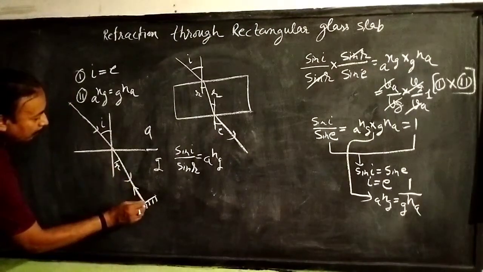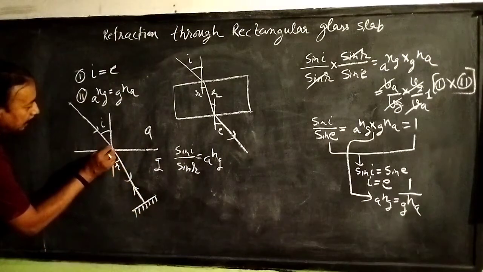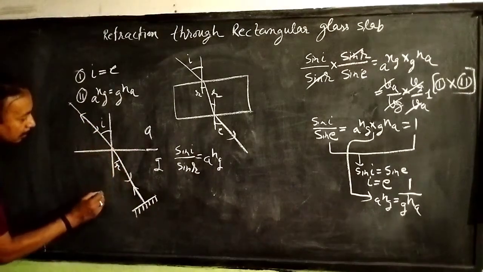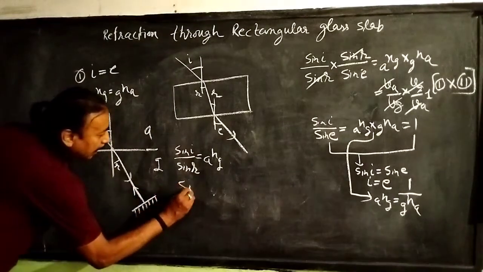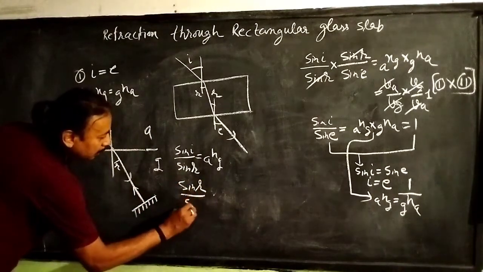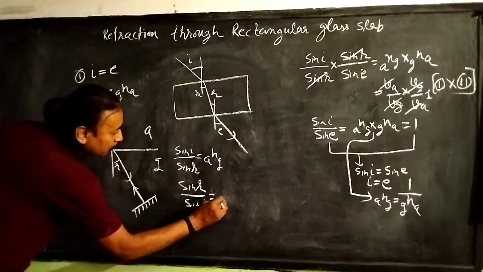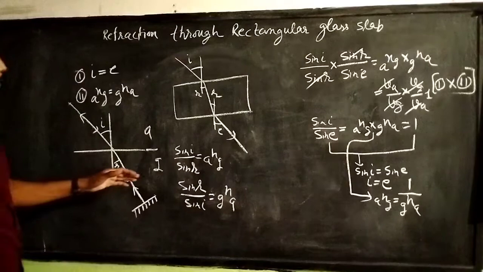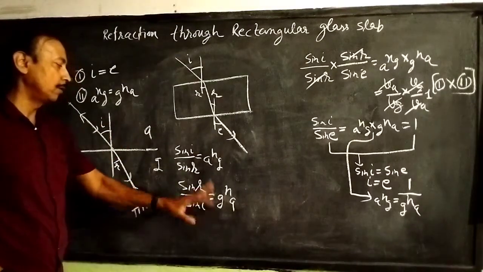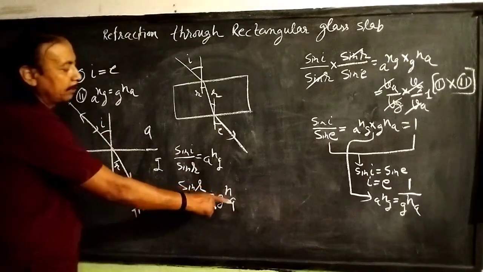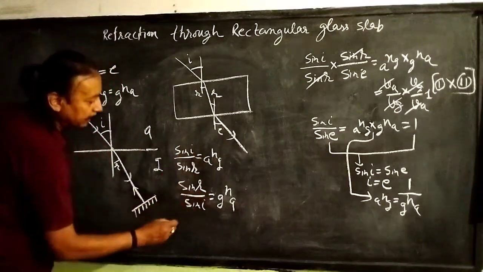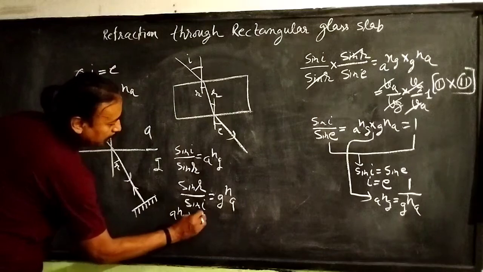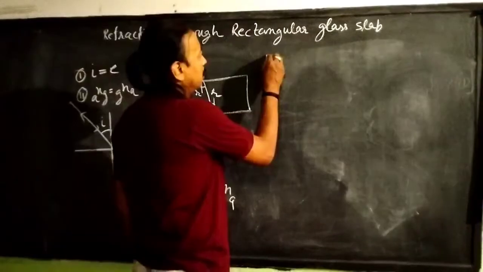Then, taking this incident ray and this refracted ray after reversal, we can write sin R by sin I equal to gμa, because in this case light is going from glass to air, so it is the refractive index of air with respect to glass. When we multiply these two, we get aμg into gμa equal to 1.